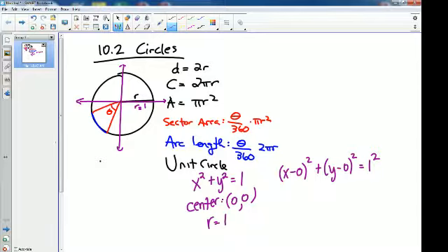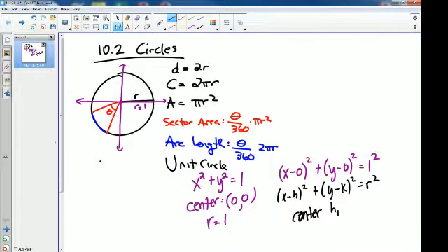This is the general form of an equation for a circle. So translate now. What are h and k? The center, right? So here's the general form of a circle equation.